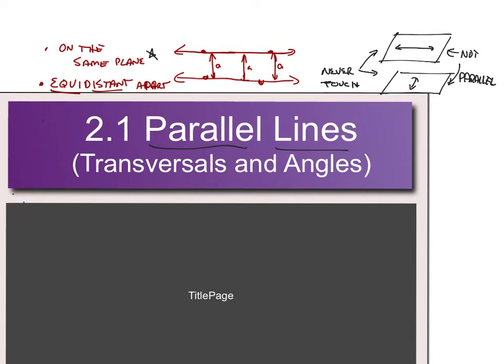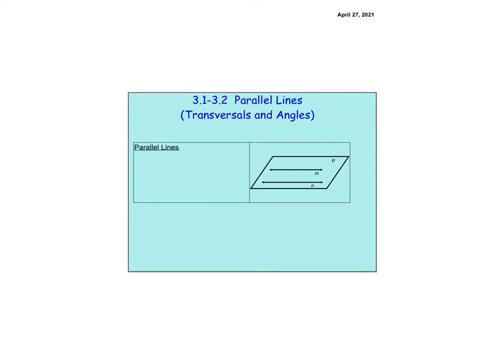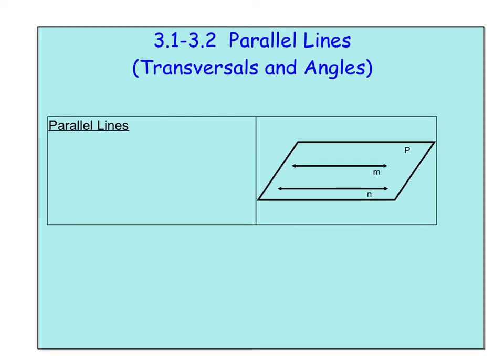We'll talk a little more about what types of lines those are in a moment, but I want to make sure you are very picky about your language when conveying your ideas. Parallel lines, as we just defined, are number one coplanar, remember, on the same plane, and they are equidistant apart.